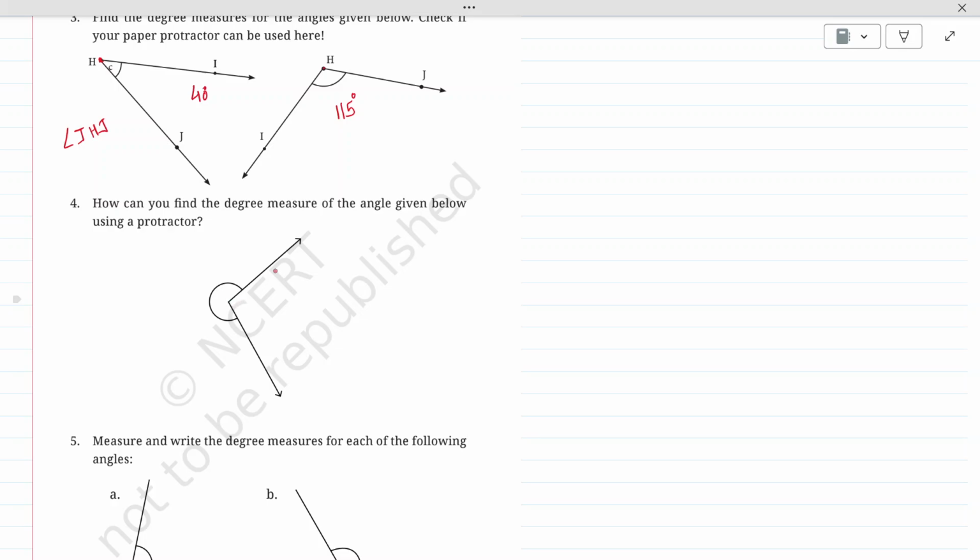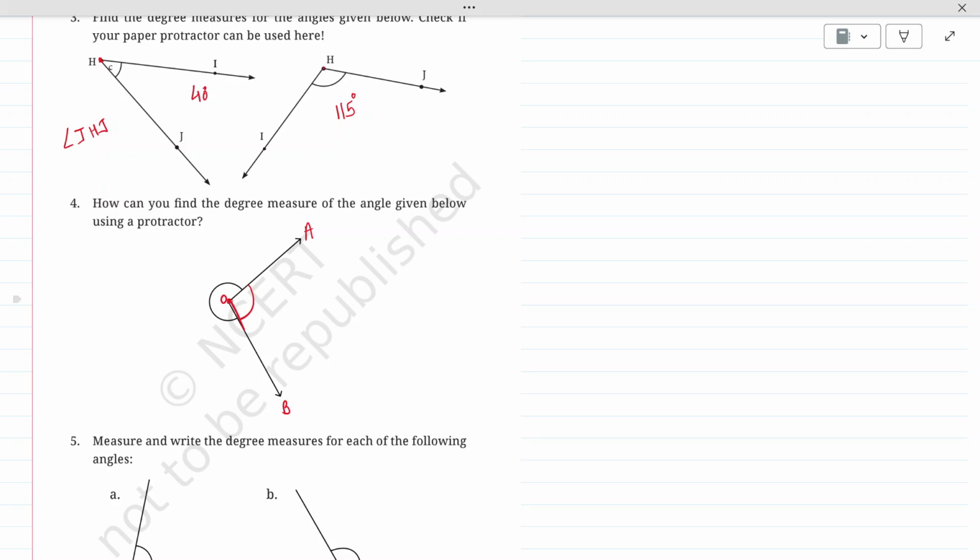So kids, I'm just marking it first. I'm marking this as A, O and B. I am going to keep the center of the protractor here in line with this arm, and then I can measure the other arm.